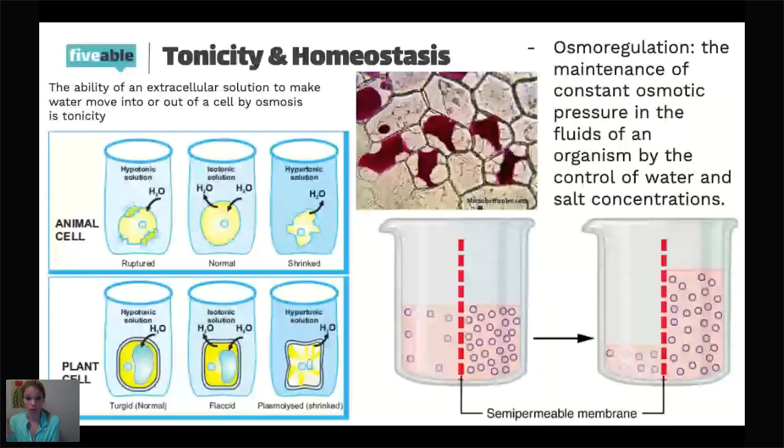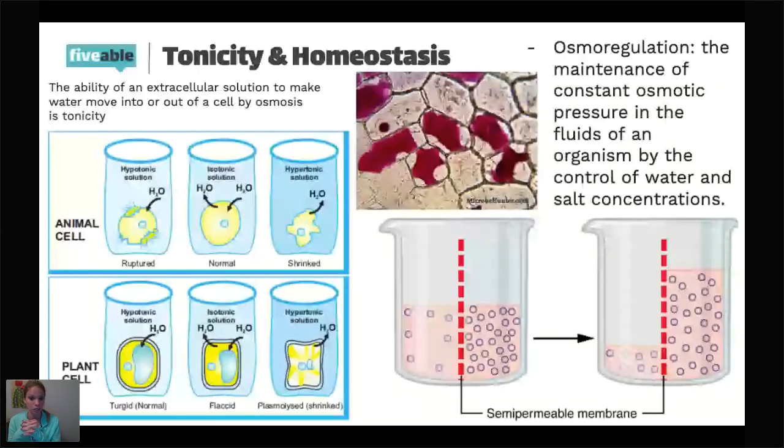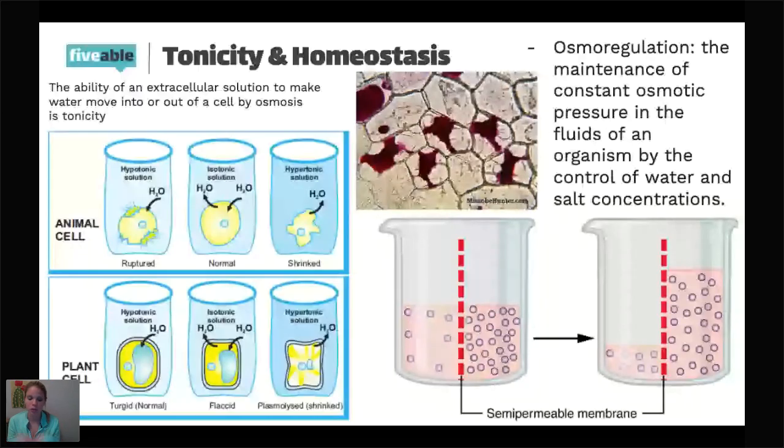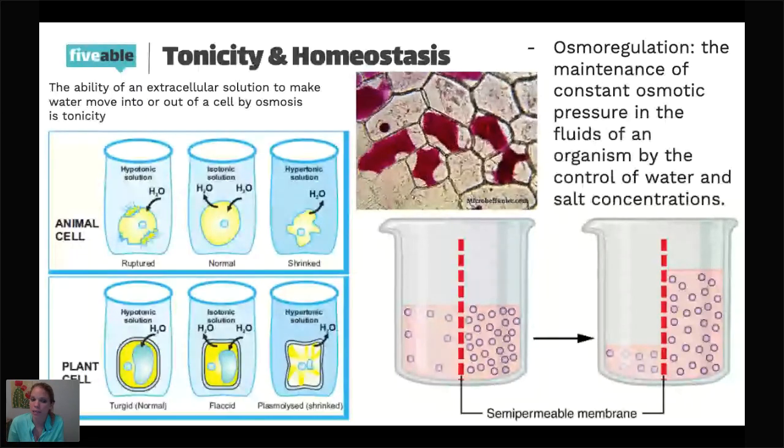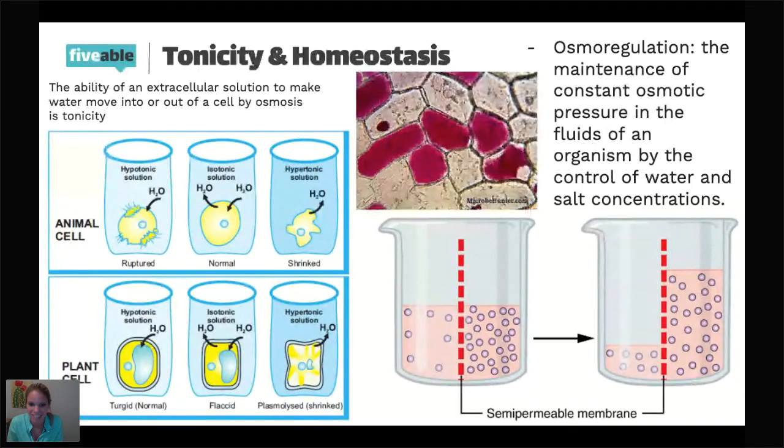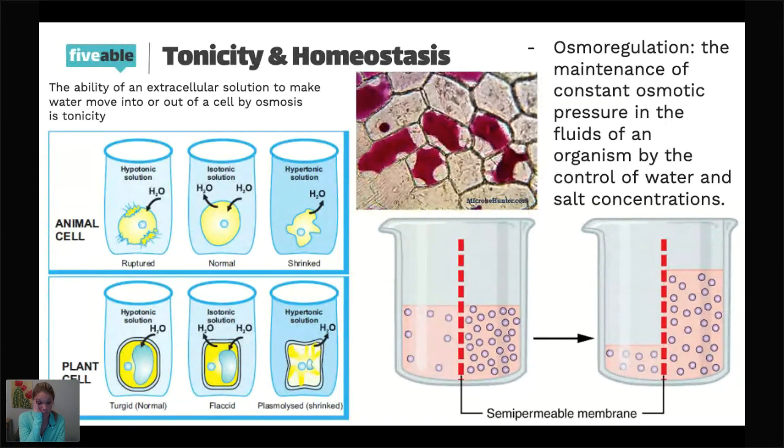But water is basically going to move to dissolve things as best it can until concentrations are equal. It doesn't like one side to be more concentrated than the other, whether that's a cell in a beaker, which is the big example you're going to keep seeing for the next 3 days if you haven't had this yet, or whether it's a bunch of solute just in a jar.